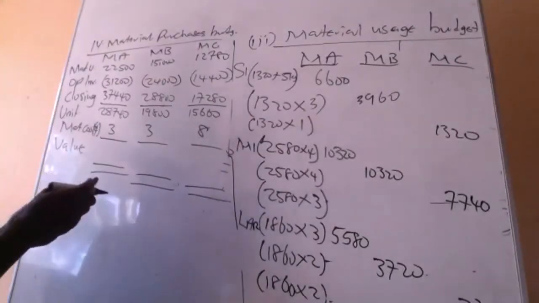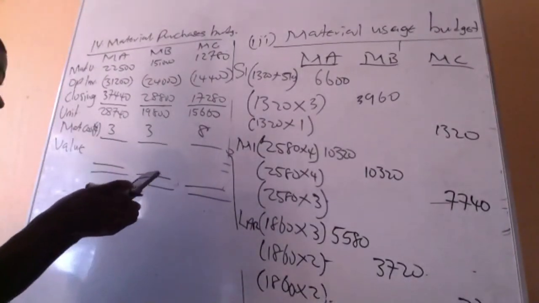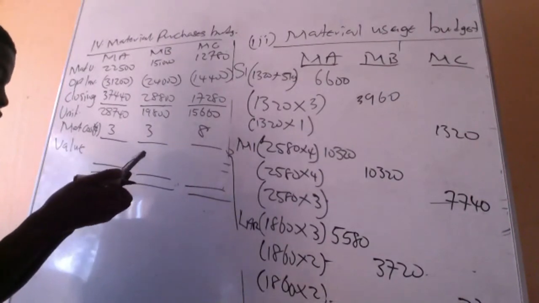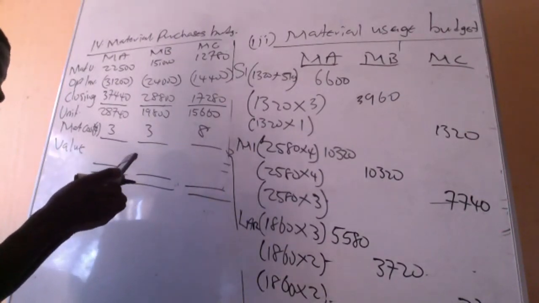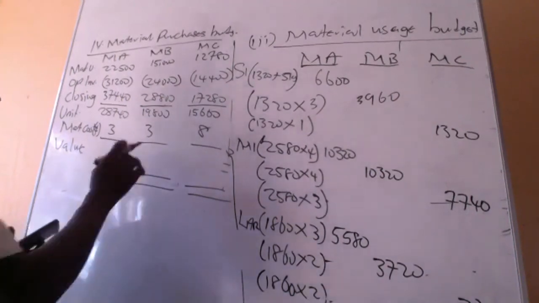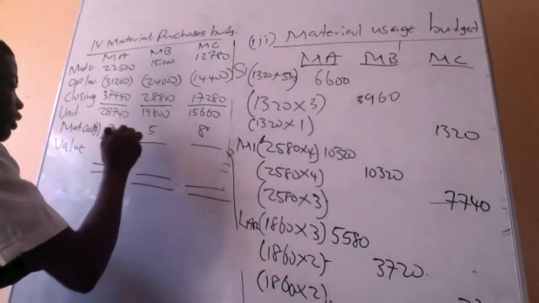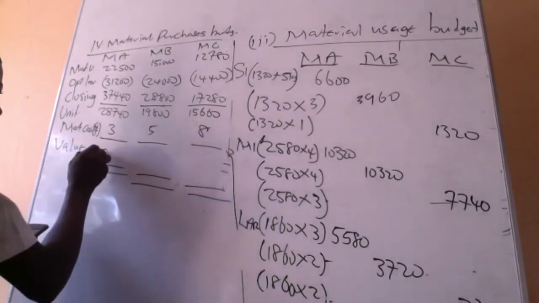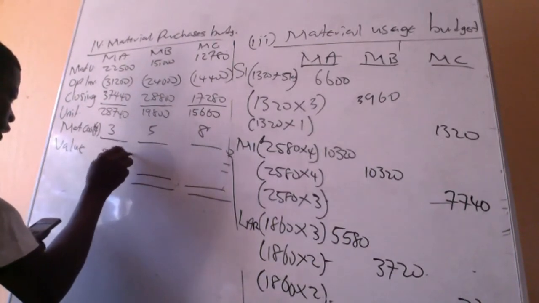Now let's do the multiplication. 28,740 times, material MB is 5 cedis. Good. So 86,220.